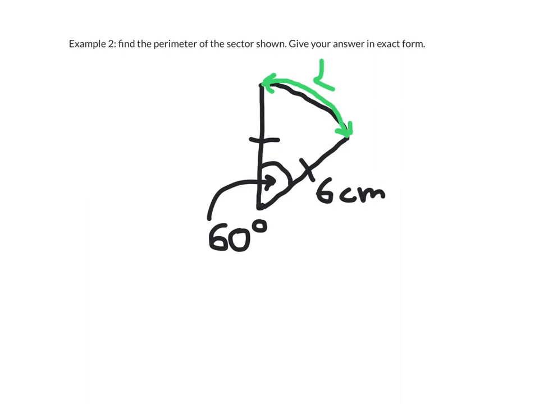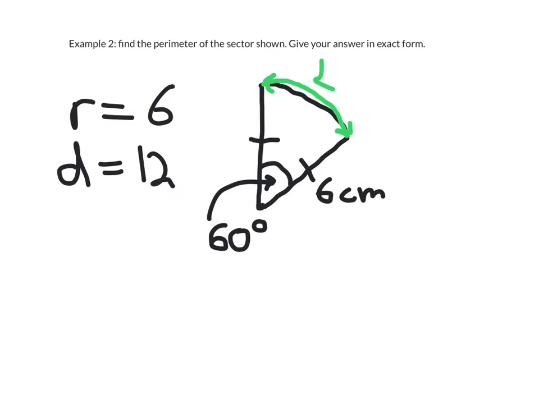And because it's a sector, we know that that's the radius of our circle. So we're going to write down that R is equal to 6, so 6 centimeters there. Now if R equals 6, we know that D is going to be equal to double that, so D will be 12.